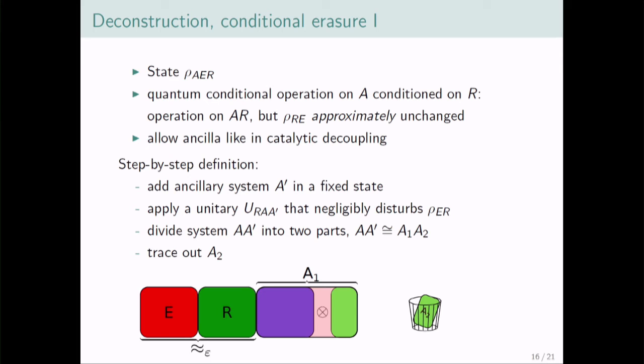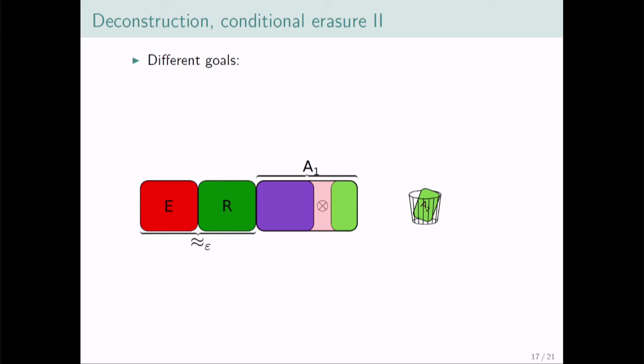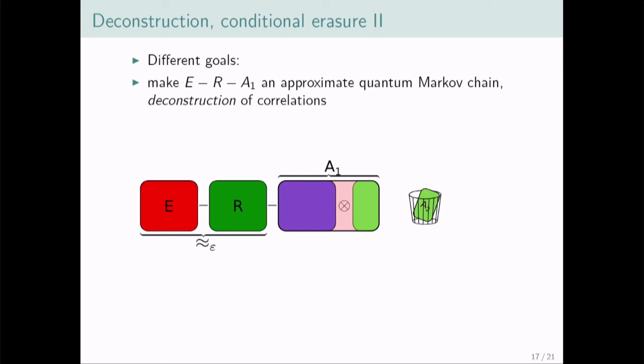But actually, there are two different tasks, two different results one could ask for. One of them is to render E to R to A1 an approximate quantum Markov chain.